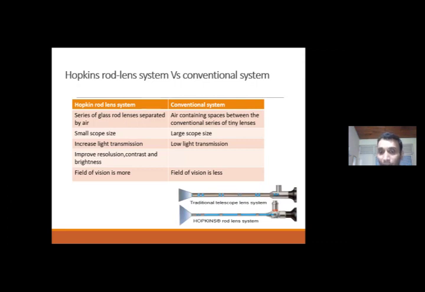But the rod lens system carries rod lenses, which can be easily positioned, so we can use a smaller diameter, which improves the resolution, contrast and brightness, and also gives a wider field of vision.